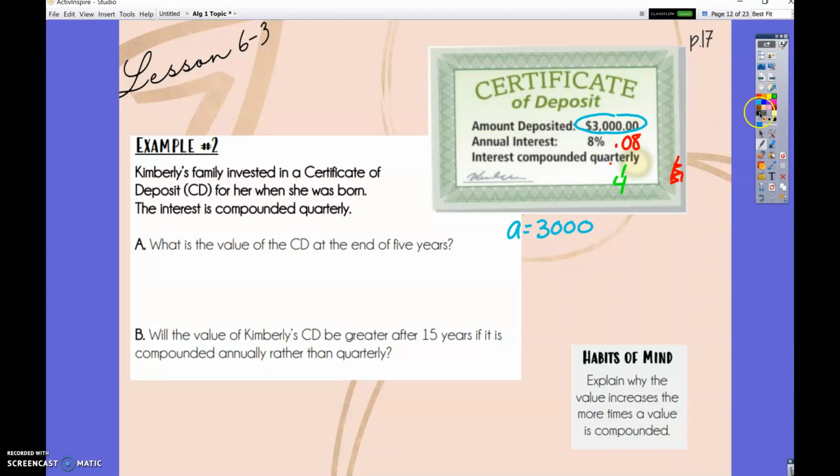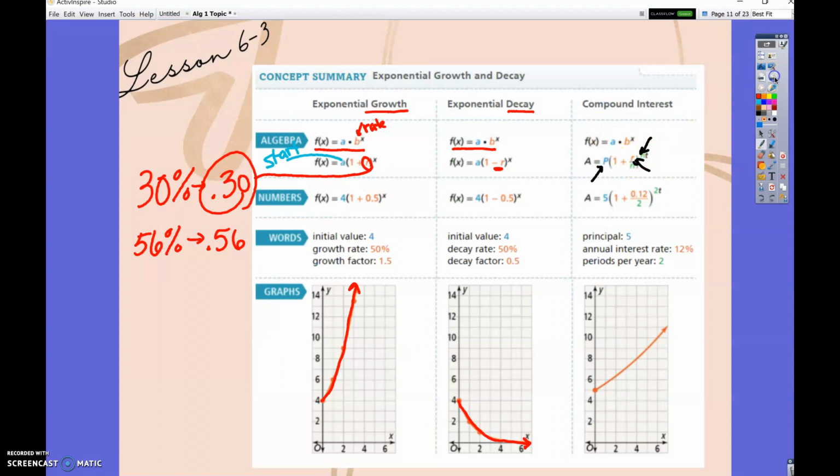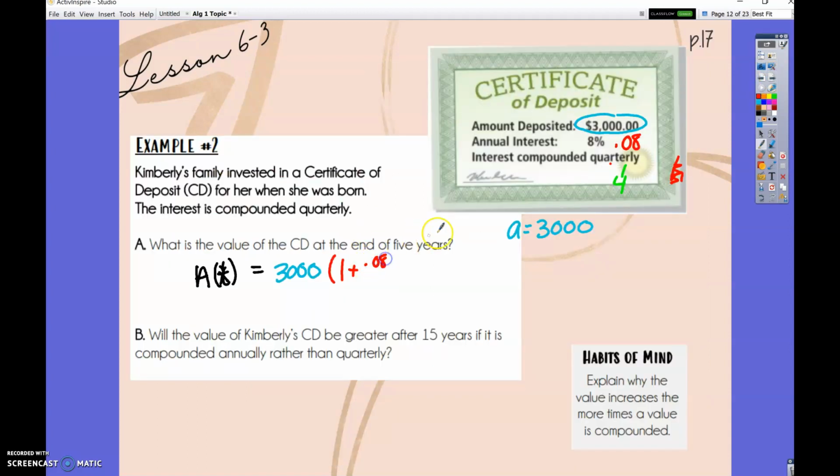All right, so if we use our equation, the amount is our initial amount, 3,000, times 1 plus our rate as a decimal, so 0.08, divided by 4, all to the power of 4 times t.